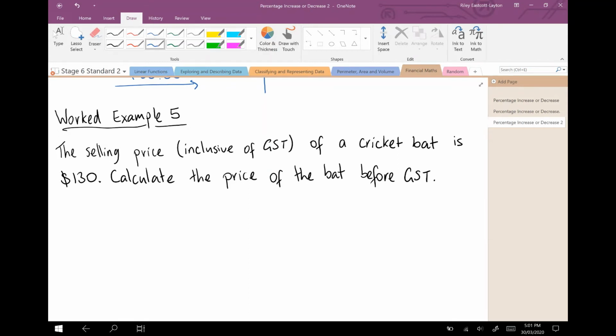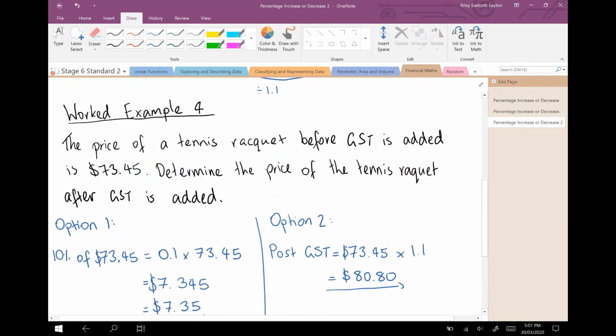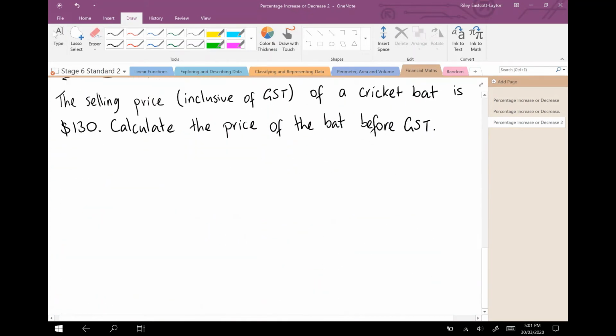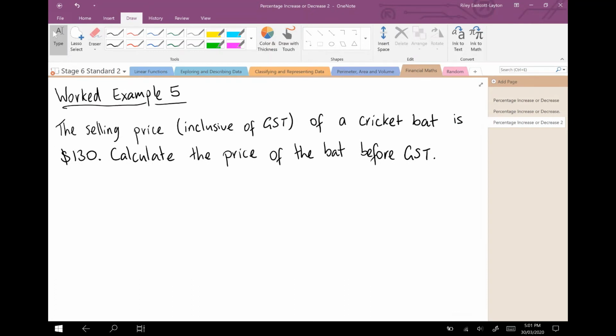So we're going to go back to our diagram. Oh, I'm jumping the gun a bit. We'll do it their way first. So this is option 1. This is option 2. Actually, you know what? They only deal with an option 2 in the textbook.